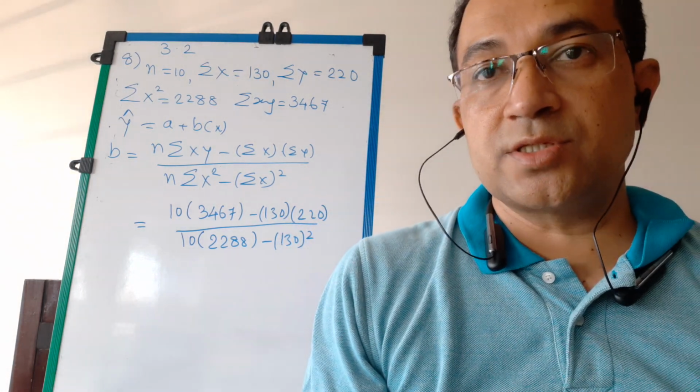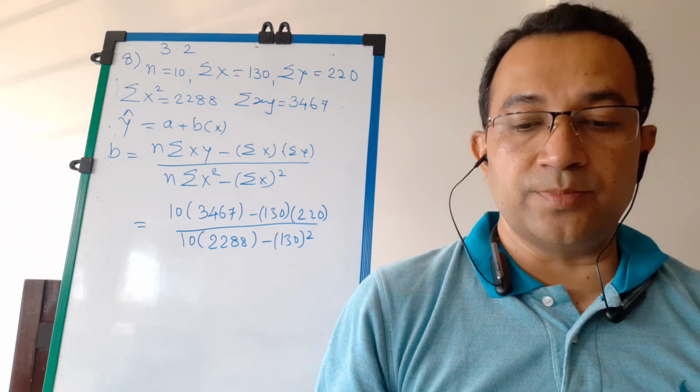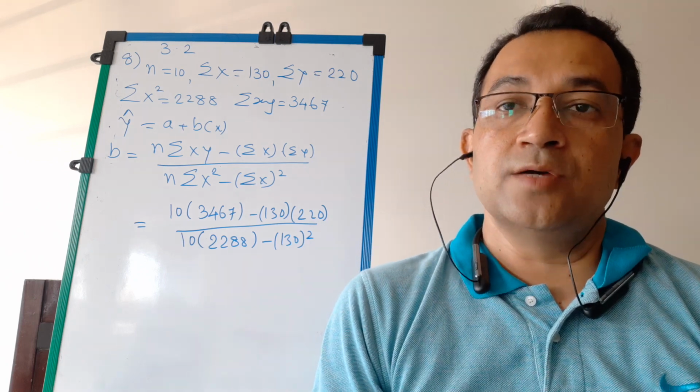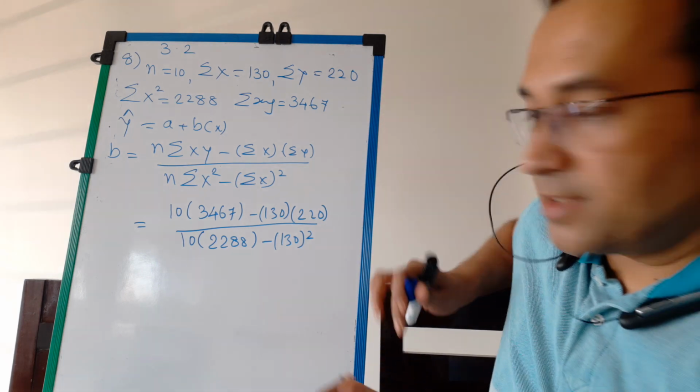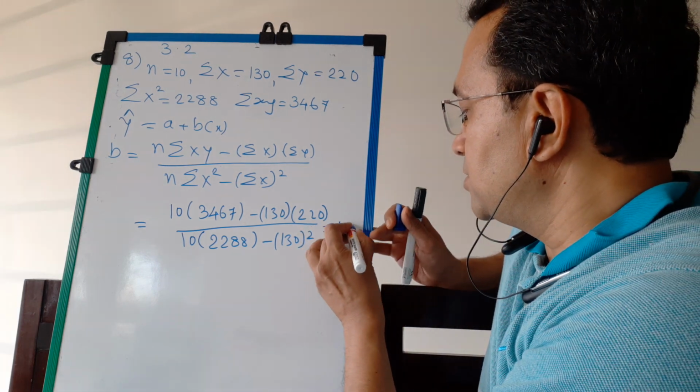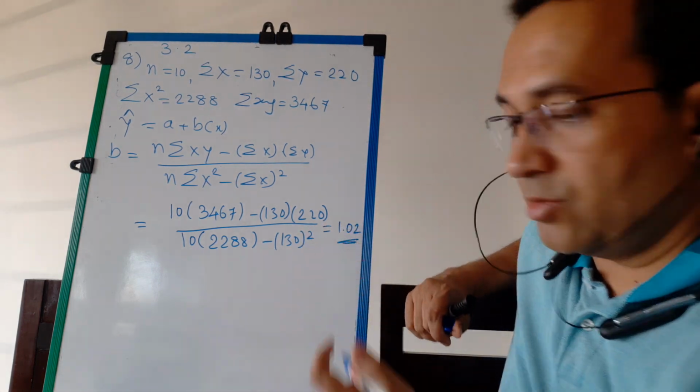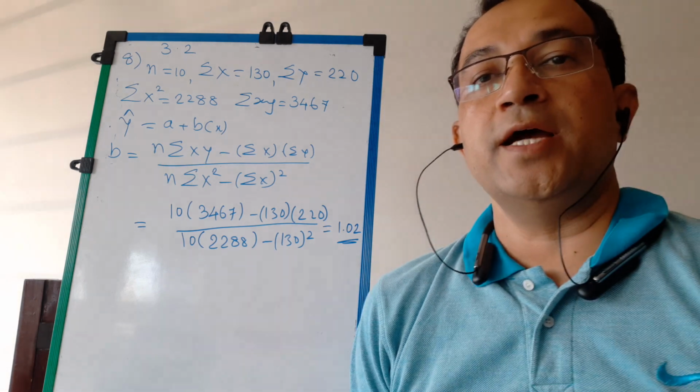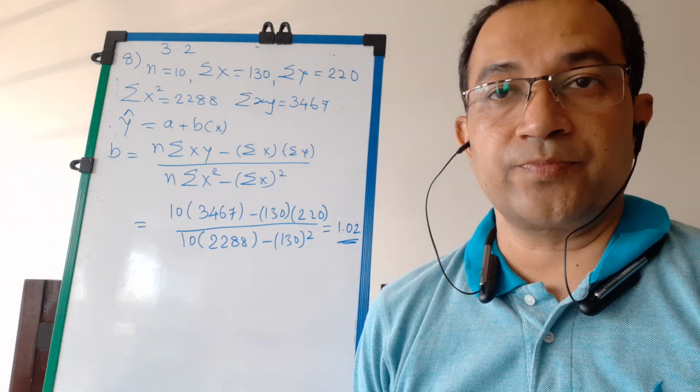So students, this is what we have to simplify. Now simplifying, finally substituting, this turns out to be 1.02. That you can easily do with the help of a calculator.